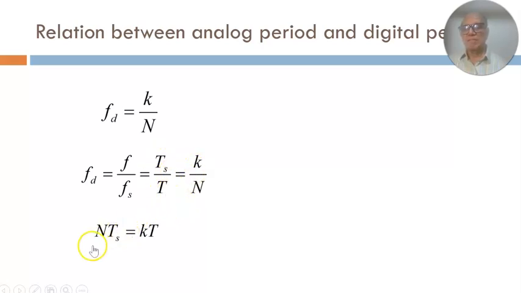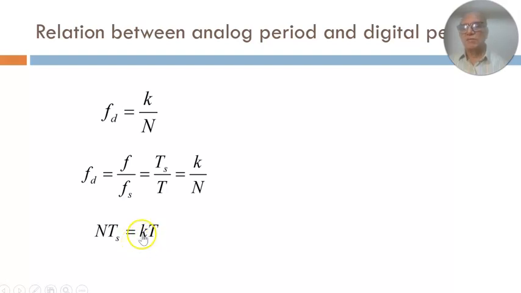What does it mean? Now n is the number of samples after which the discrete sine wave repeats. So n into Ts, where Ts is the sampling time period, is the total time taken by one cycle of the discrete sine wave. On the other hand, T is the time period of the analog sine wave and k is an integer.